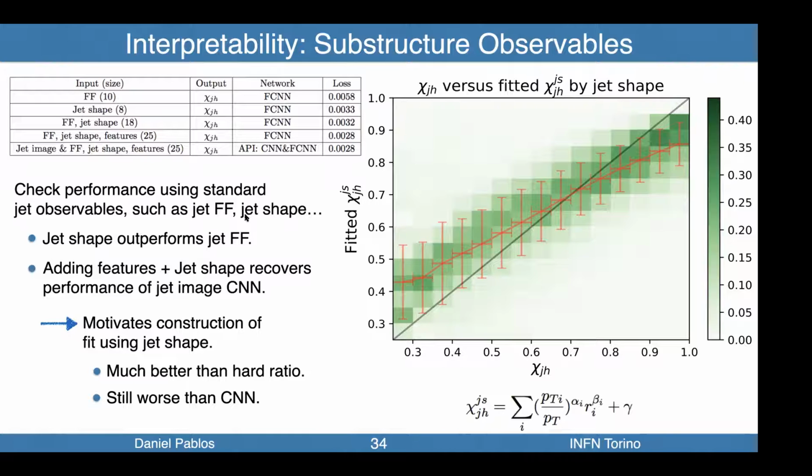And this motivates the construction of a fit using simply the event by event jet shape. It's a 17 parameter fit, and it's much better than the hard ratio, but still worse than the CNN. However, much of the information that the machine is using from the jet image is contained in the jet shape, in the angular distribution of the particles, especially the soft ones.